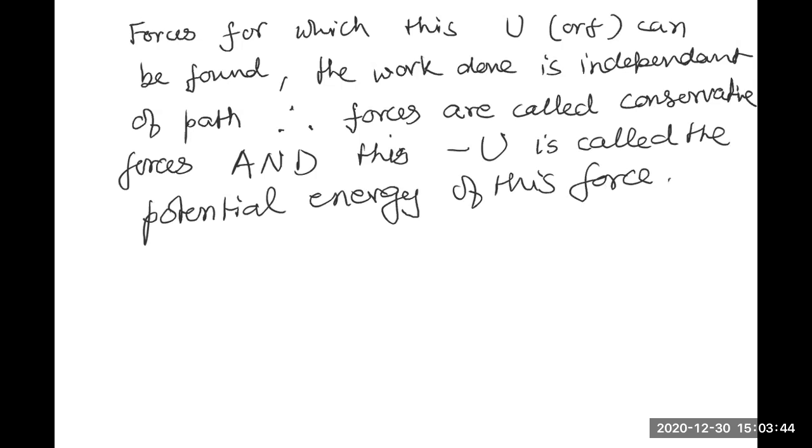Right? So you can have the term potential energy only for conservative forces. Conservative forces are those forces for which work done is independent of path, if you can find an expression for U in the first place. Right? The whole circle is completed.